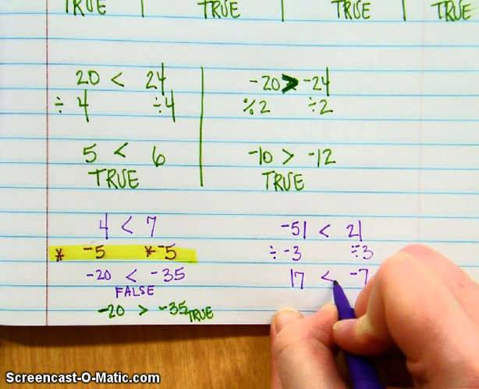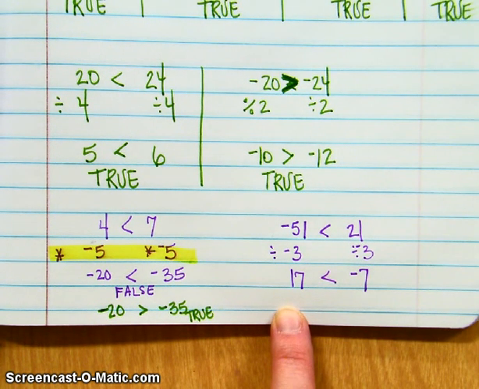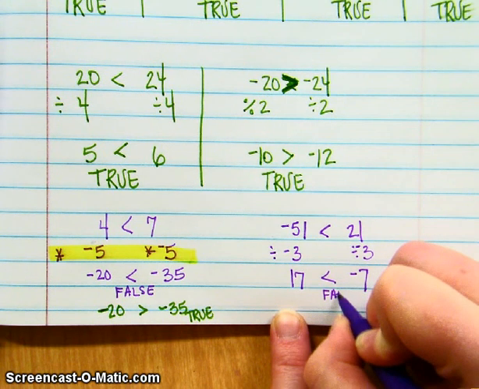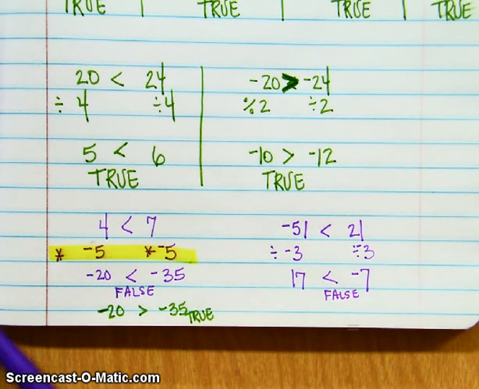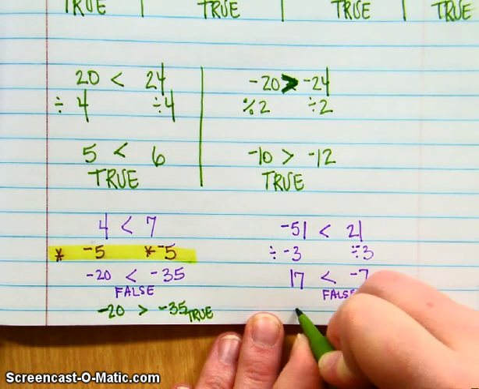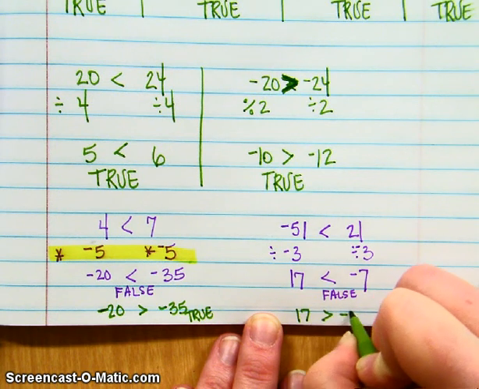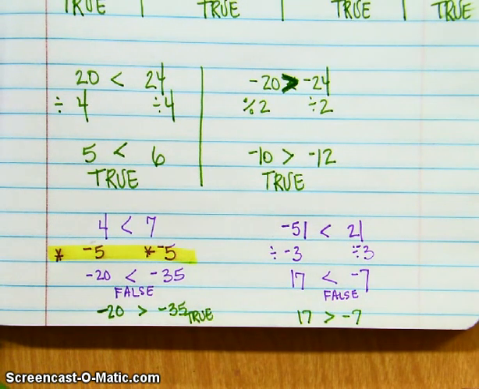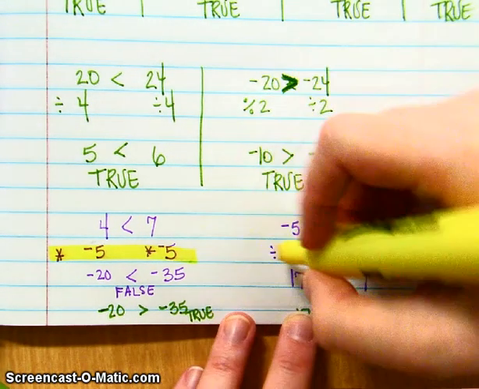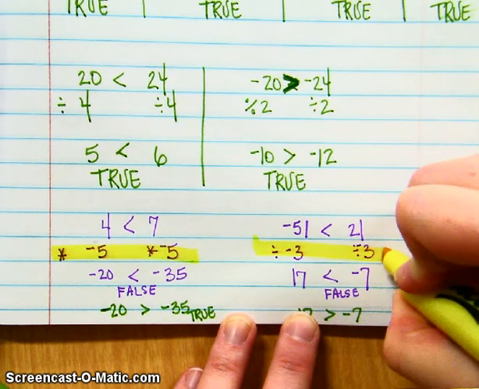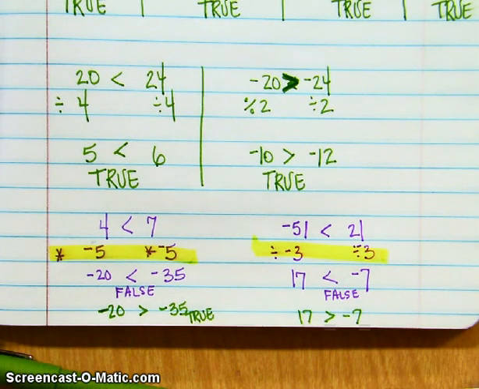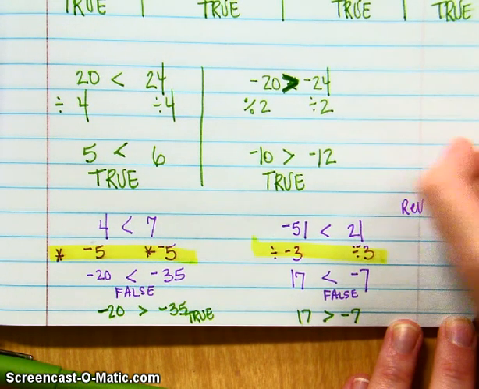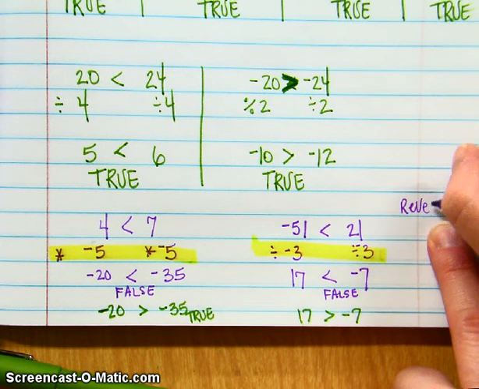So negative 17 is not less than negative 7. This is false. So to make it true, we reverse that inequality symbol. So this is the proof that you reverse the inequality symbol when you multiply or divide by a negative.